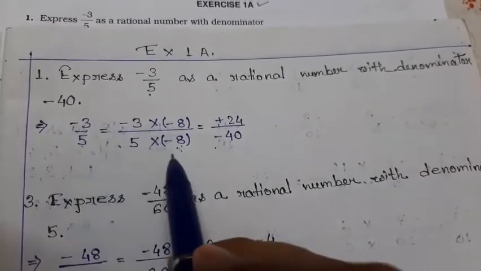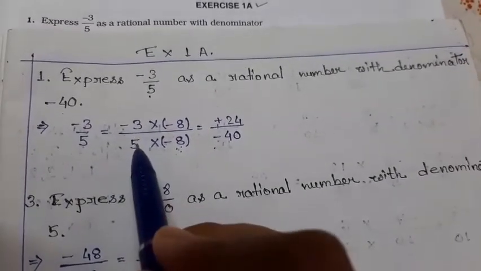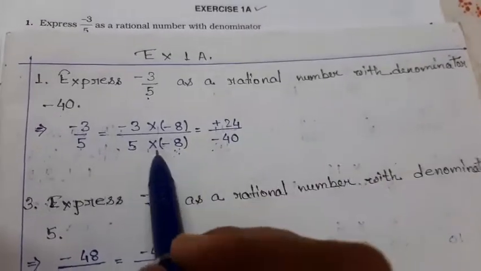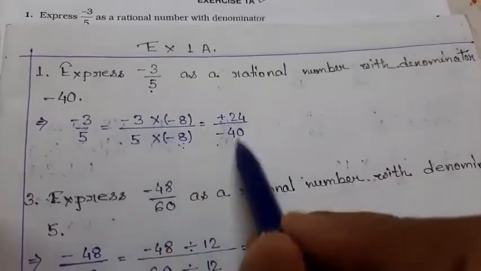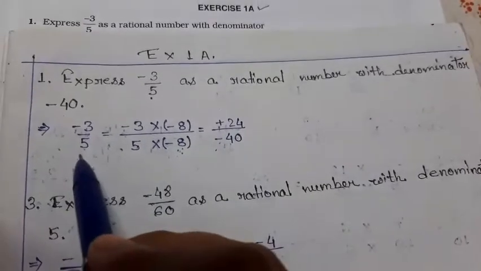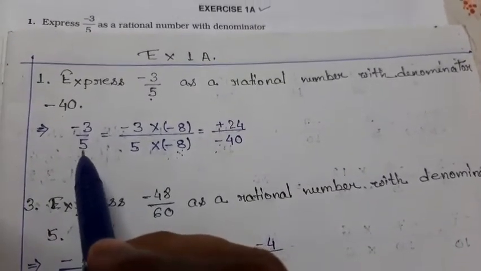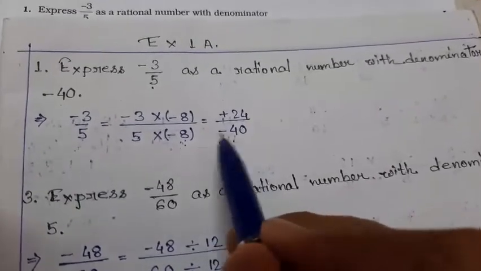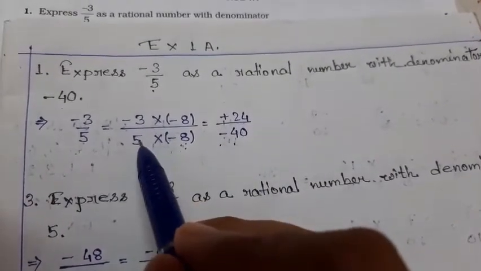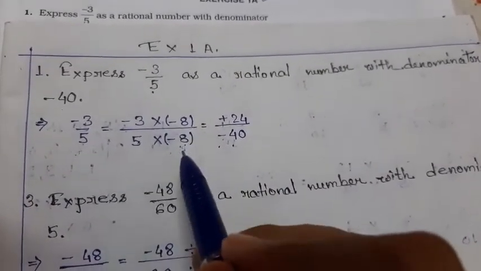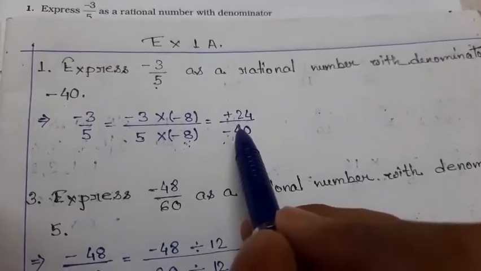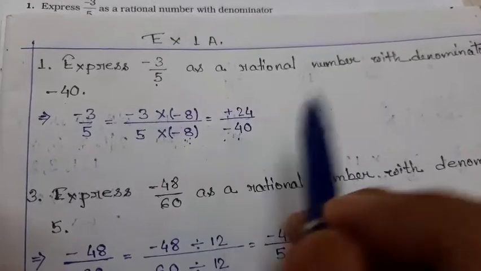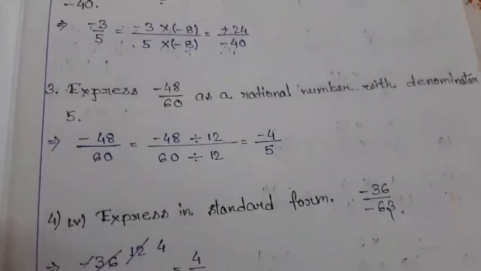If we multiply the numerator and denominator by the same number, positive or negative, the answer will be equivalent to this fraction. So to convert the denominator to minus 40, we multiply numerator and denominator both by minus 8. So our fraction will be plus 24 in the numerator and minus 40 in the denominator.